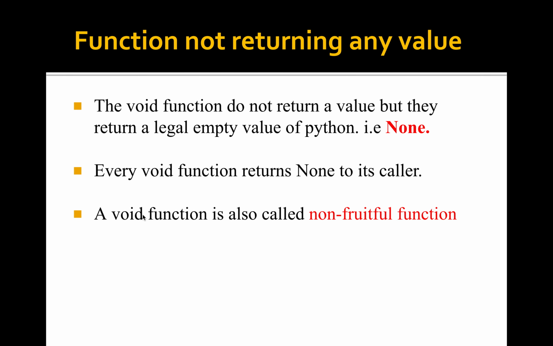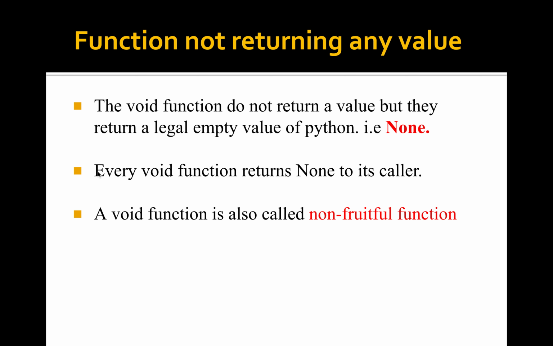I will show an example, but before going to the example, just go through this. The void function does not return a value, but it returns a legal empty value to Python, called None. If you write return, that means it is not returning any value, but legally it returns a value called None. So a void function is also called a non-fruitful function.